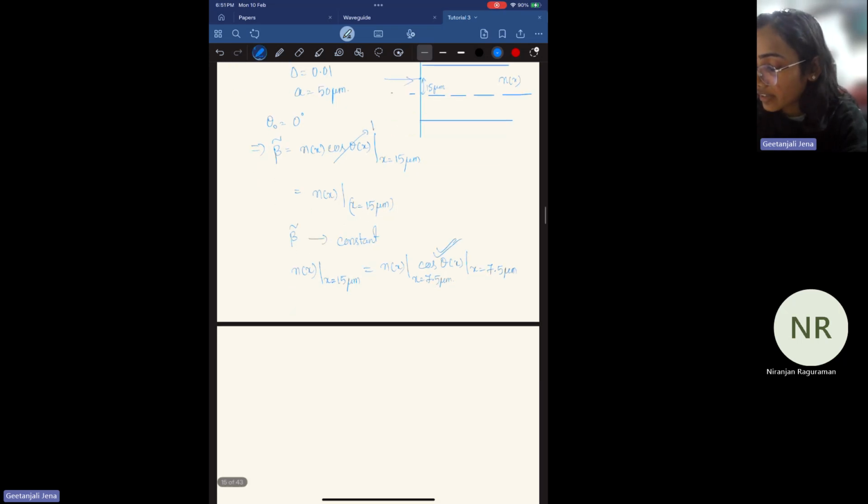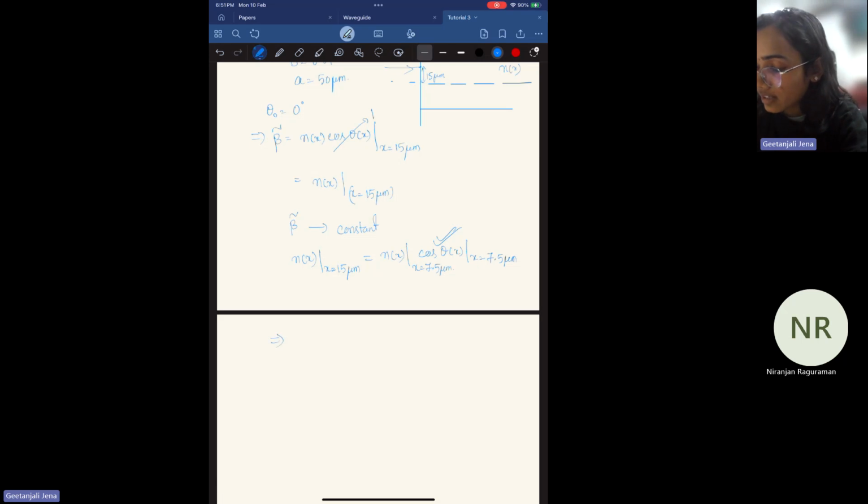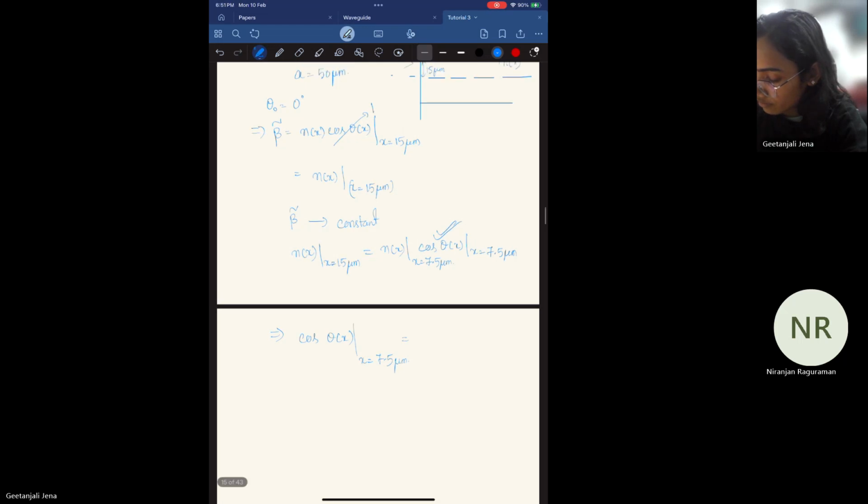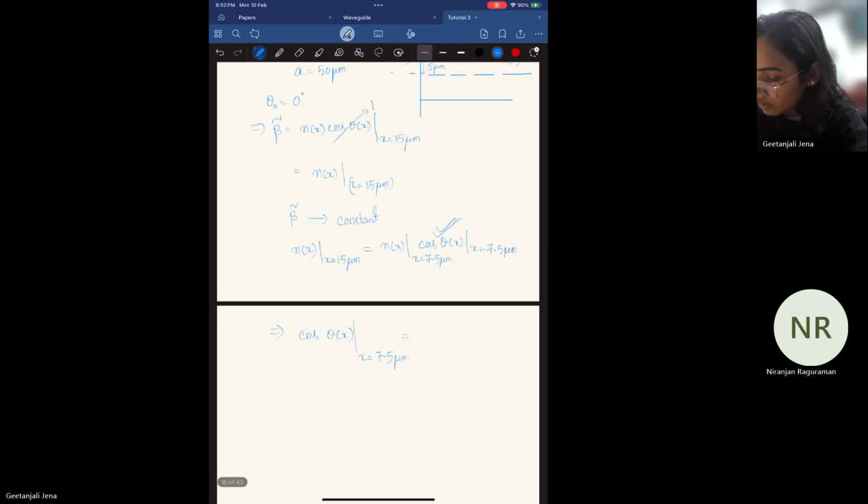So we just need to find the refractive index at 15 micrometer and 7.5 micrometer. So cos theta at x equal to 7.5 would be n(x) at x equal to 15 over n(x) at x equal to 7.5.